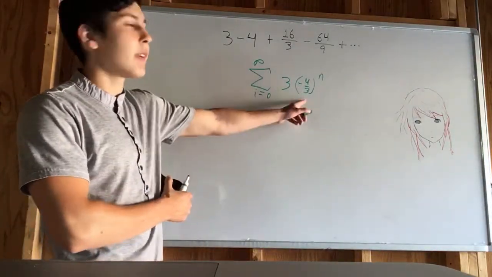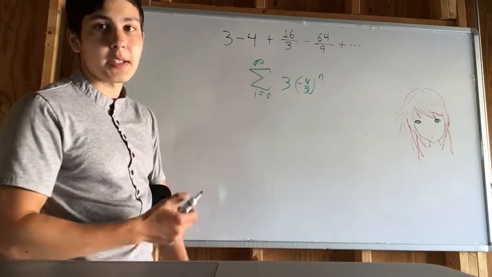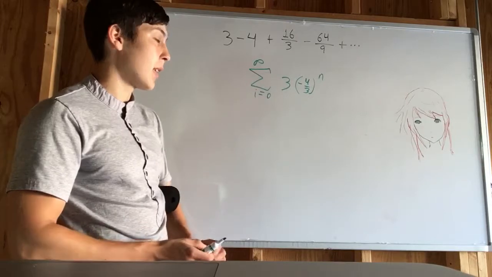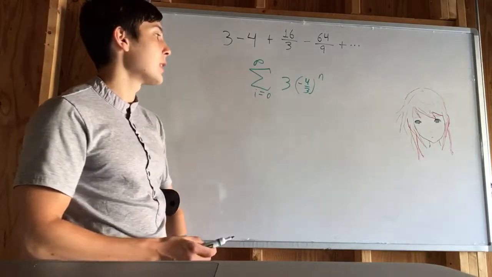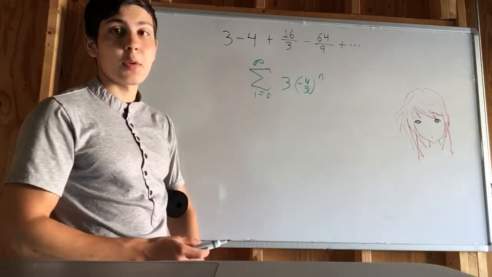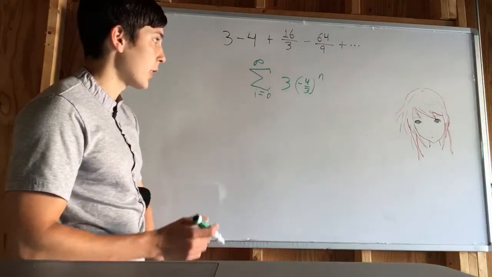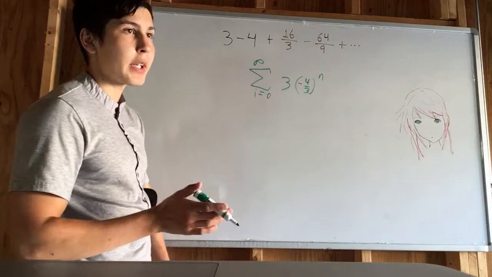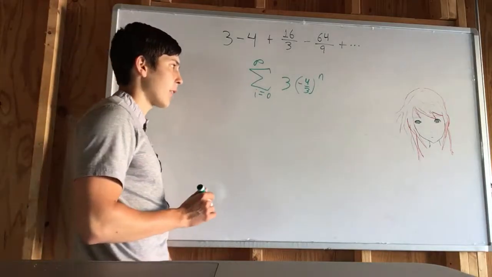If it's greater than 1, that means it diverges. If it's less than 1, it means it will not diverge, it will converge. So I think I said if it's greater than 1, it will diverge. If it's greater or equal to 1, it will diverge.